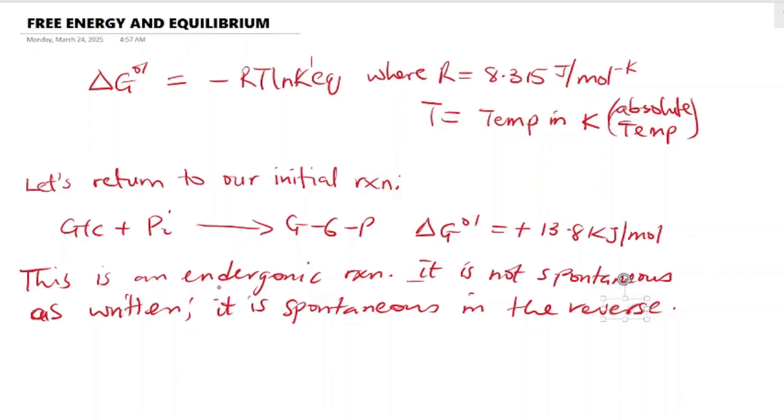The glucose 6 phosphate, which is the product, wants to break up into inorganic phosphate and glucose. That's why it is said to be spontaneous in the reverse. So this is not spontaneous as written. In other words, under standard conditions, this reaction will not go forward. I want you to note that.